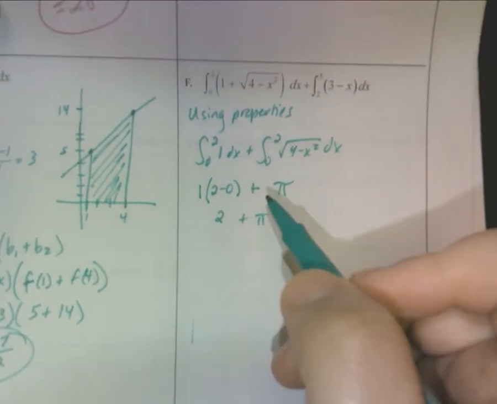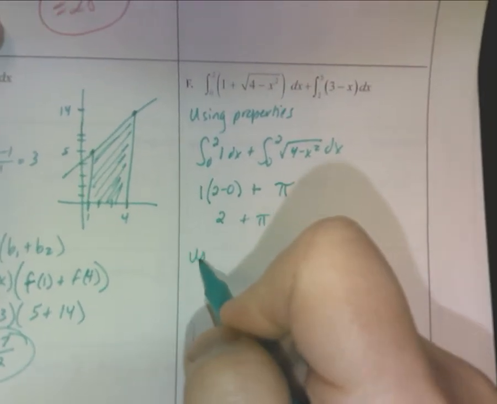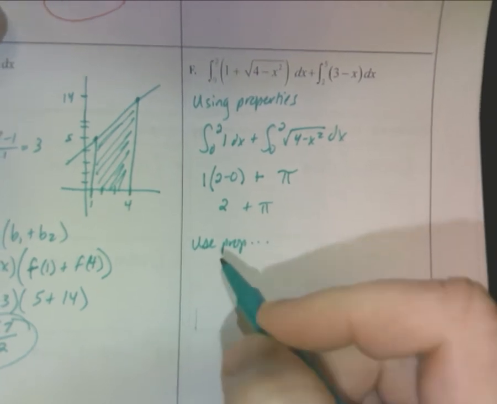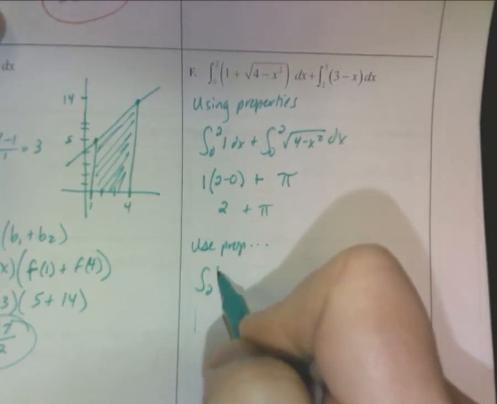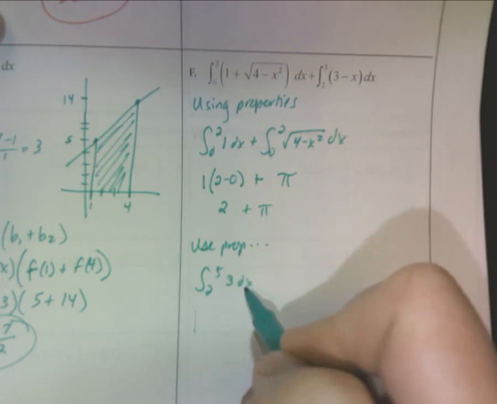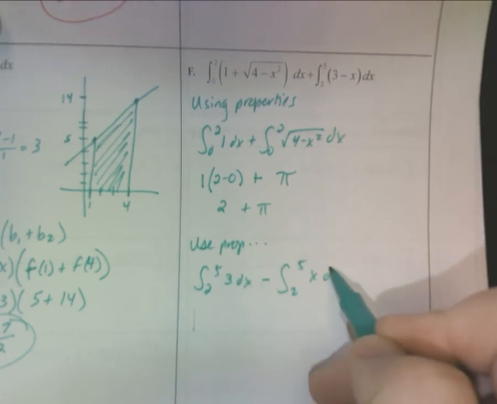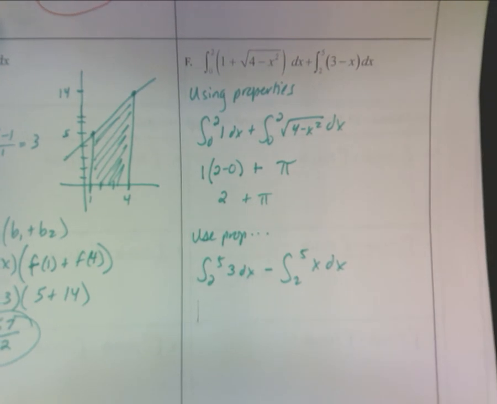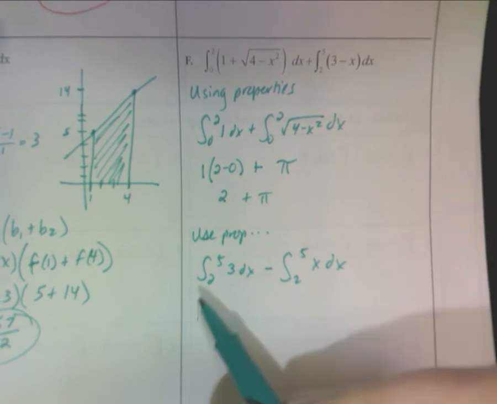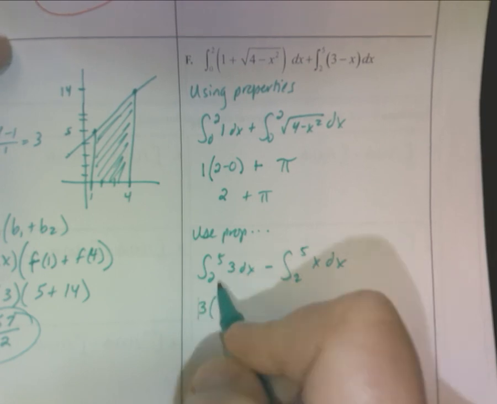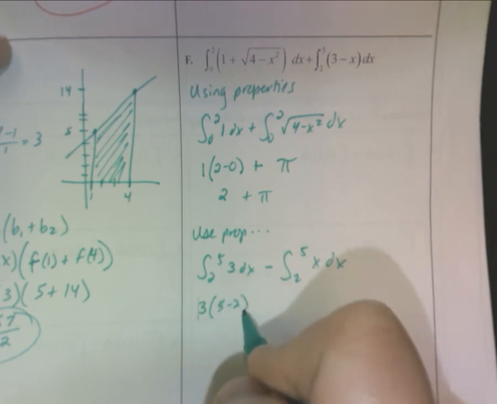And then let's use properties for the second part right here. This would be the integral from 2 to 5 of 3 minus the integral from 2 to 5 of x. And that one's easy. Again, that would just be 3 times 5 minus 2, which is 9.